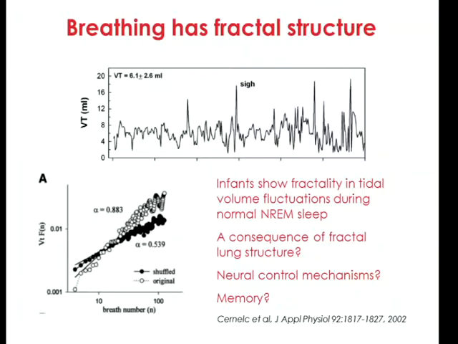Maybe it's a measure of memory, because time points, or statistical properties, are related to time. Or it could be the fact that it's known that lung structure is fractal. Is it because of that that the flows coming out of the lungs are also fractal? This is all speculation, and no one knows why.